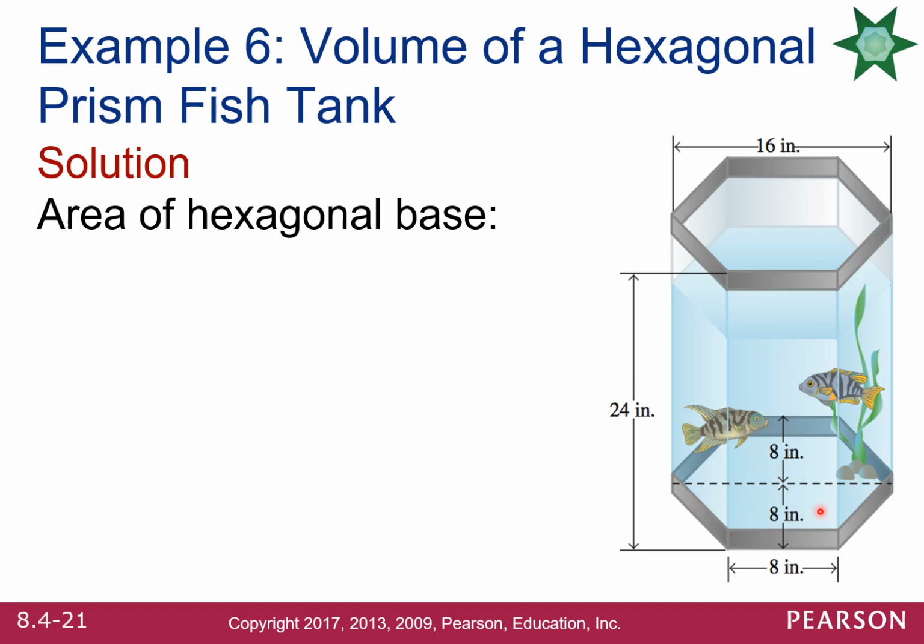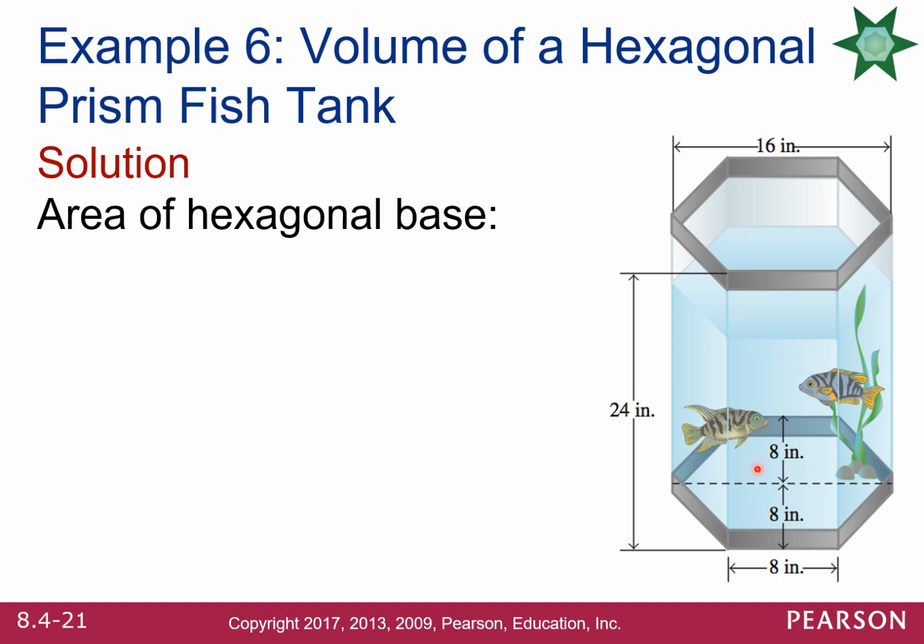We see here the fish tank has the base and then the upper end also in the shape of hexagons. All right. Now we do not have a specific formula to find the area of hexagons. However, if we split the hexagon from the center into 2 parts, we see that each part represents a trapezoid.